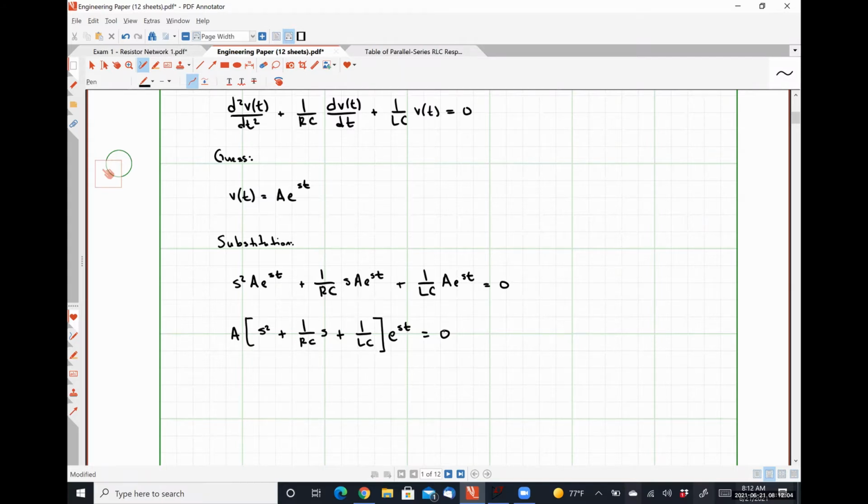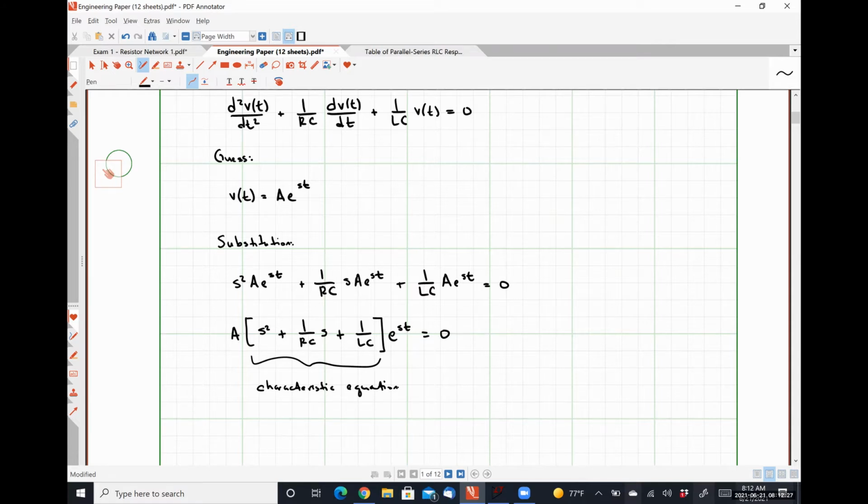So instead, we have to look at this part in the middle, which is called the characteristic equation for our system. We need to figure out what values of s make this expression 0.